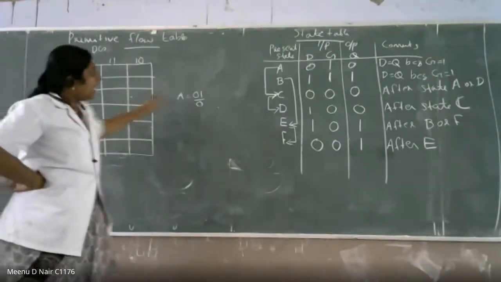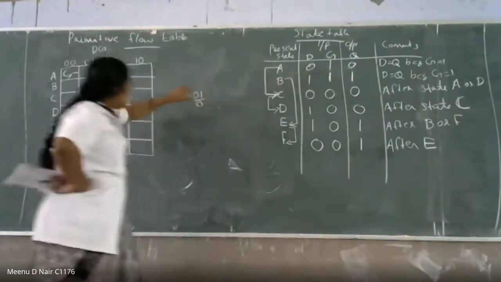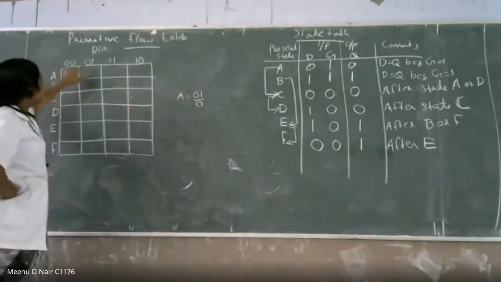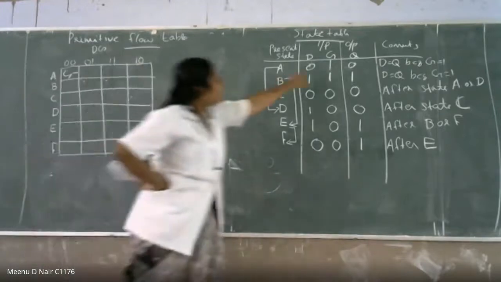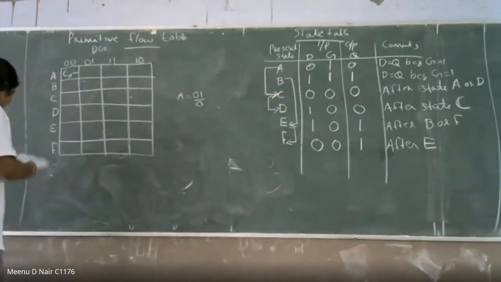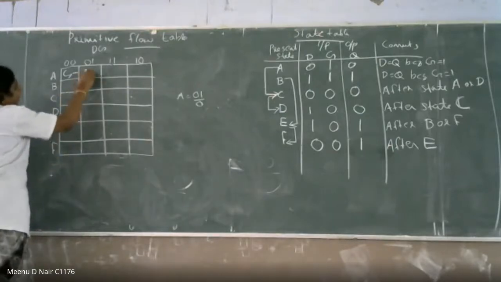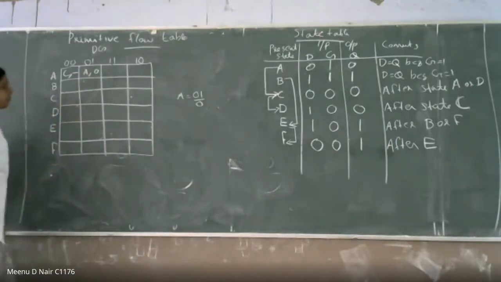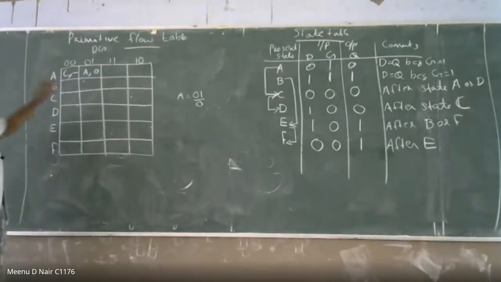So exactly for 0 1, if you are considering row A, you are getting output as 0. So you can put A comma 0 here. Right.